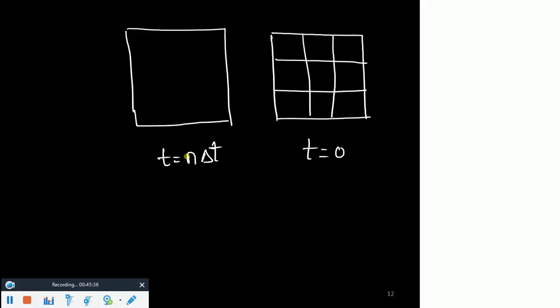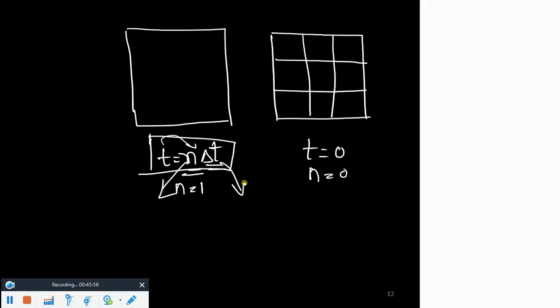If n is equal to 1, let's say this is n equals 0 and this is n equals 1. So what would be the time? If delta t is 0.1, your time would be 0.1 second. You can describe your physical time as the number of time steps multiplied by delta t, if you keep n equals 0 at the initial time. So that's how you can calculate the physical time.